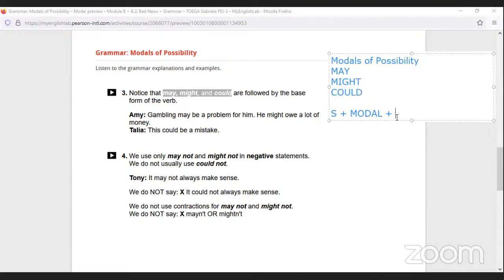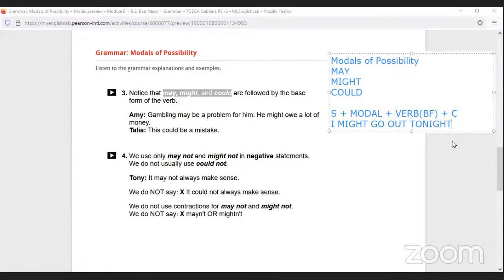After, we have always the verb, but the verb has to be in base form, always. Without to, without ing, the verb in base form, okay? And after, the complement.